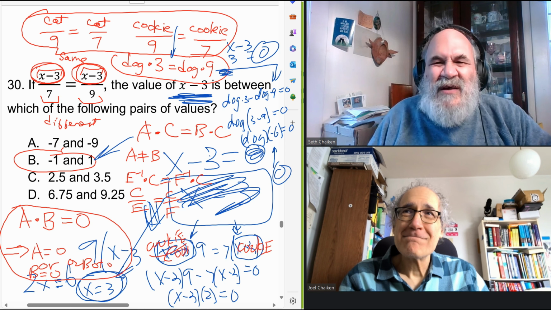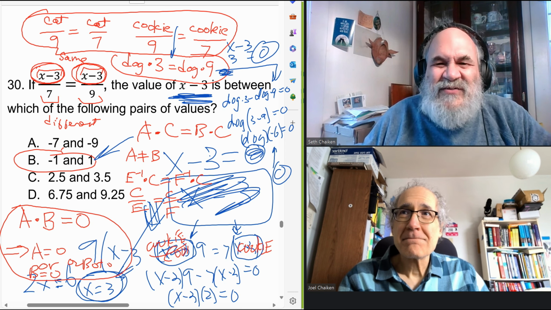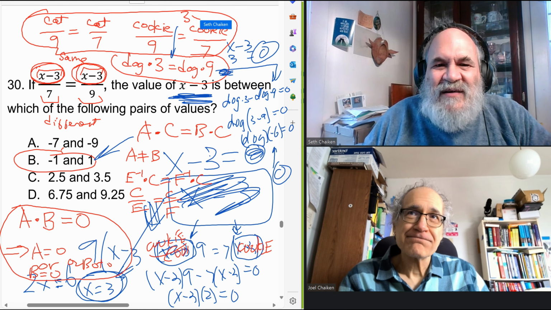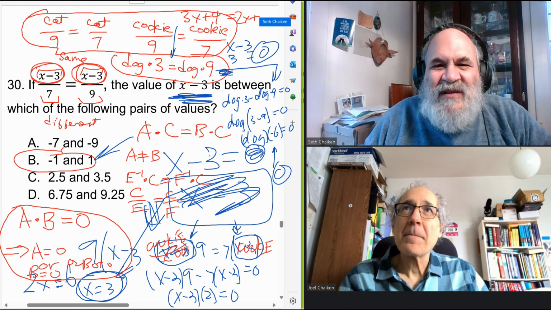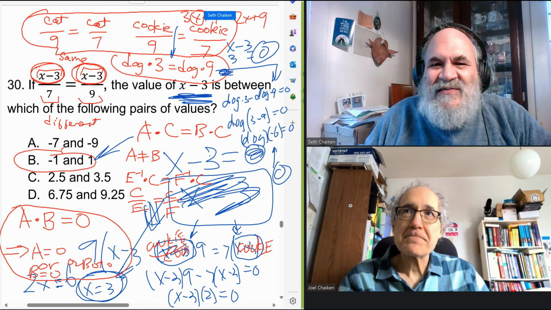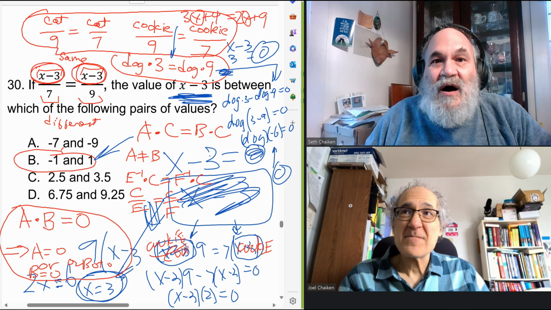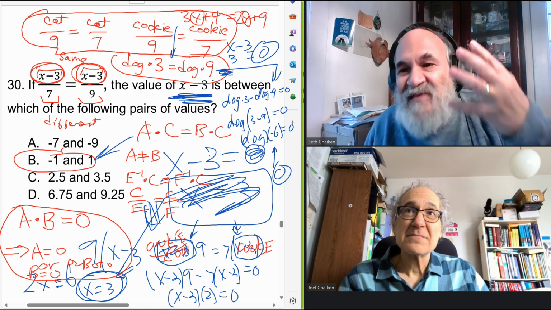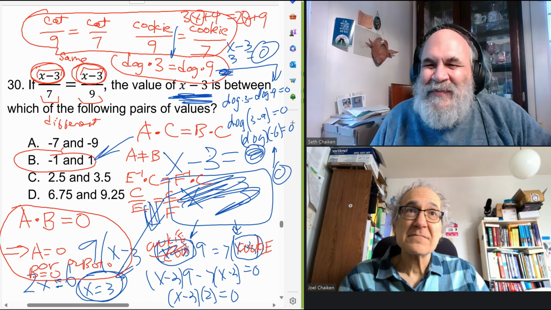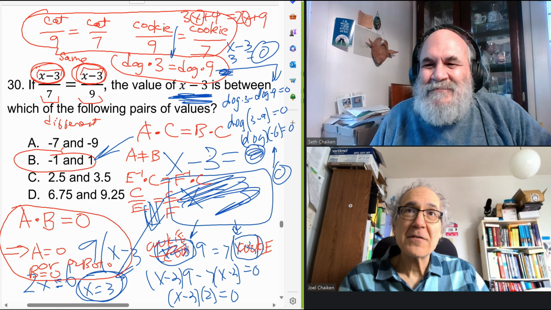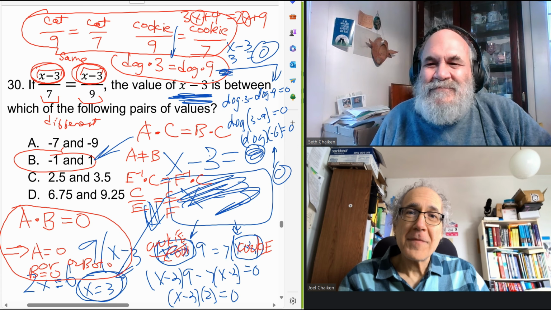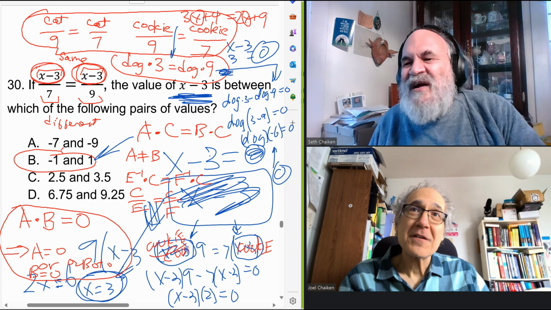So if you have an algebra question like 3x plus 4 equals 2x plus 9, the x's on the left-hand side and the right-hand side are names for the same unknown number. That's the only way it makes sense to solve for x.